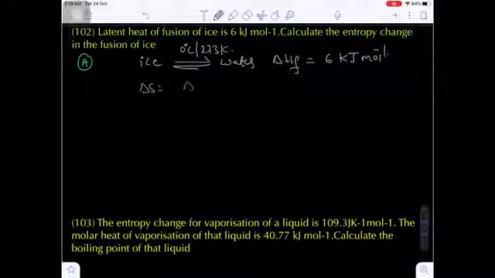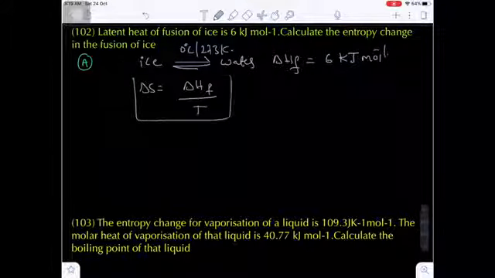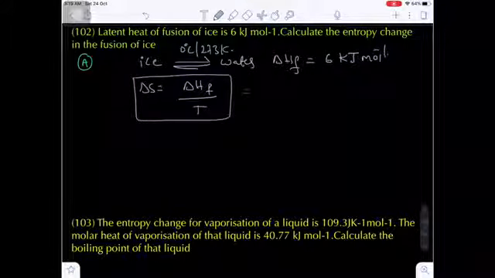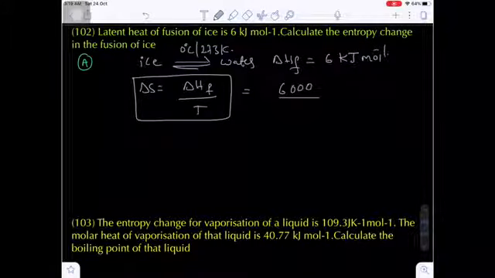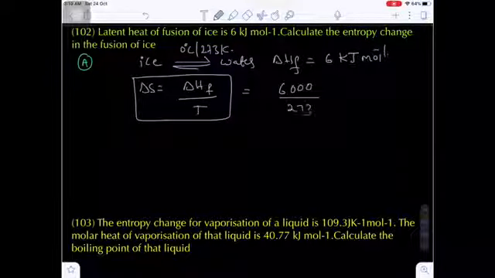Now we know change in entropy will be equal to delta H upon T. Delta H corresponding to fusion and T corresponding to melting point or freezing point. So what is the enthalpy of fusion? 6 into 1000, I am writing 6000 joules per mole. And what is the temperature here? 273.